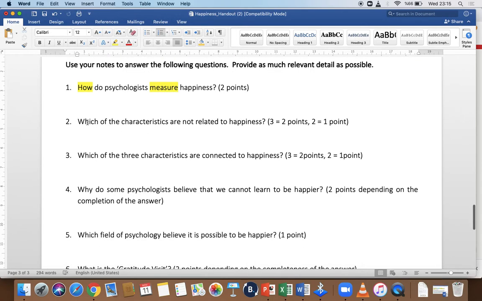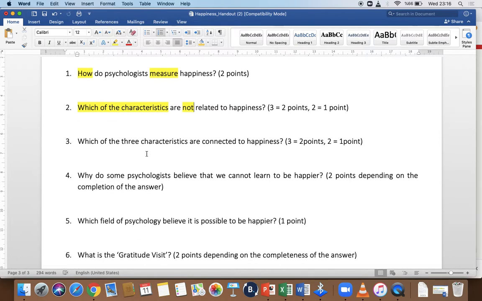And which characteristics are not related to happiness? Next question: we will hear three characteristics that are connected to happiness, related to happiness.